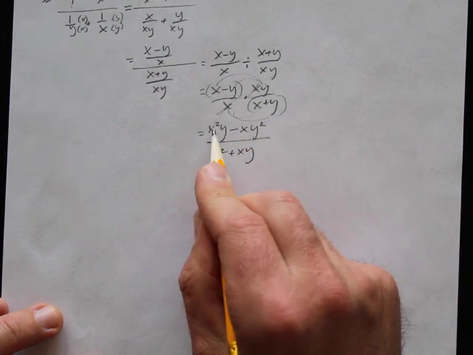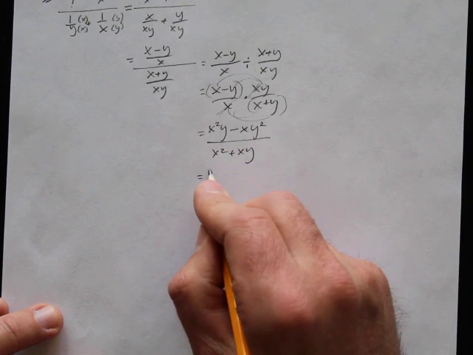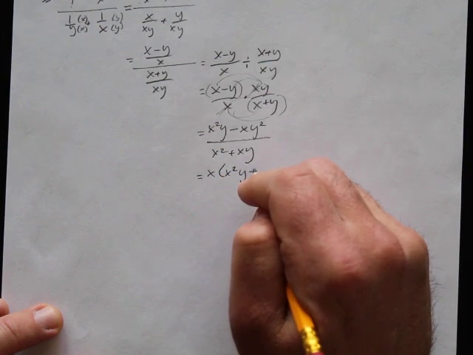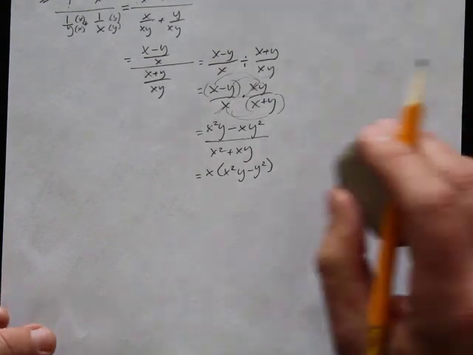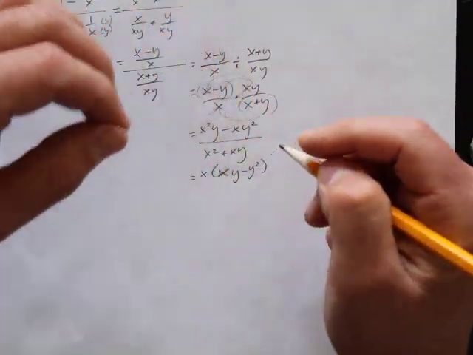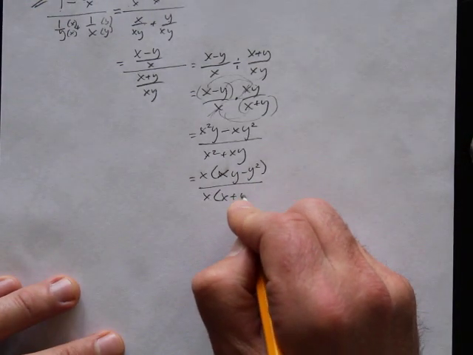I can take an x, see how I have an x in both of these, and I have an x in both of these, so I can take those out. X times x squared y minus y squared. Oh, this should not be x squared, it should just be x, over x times x plus y.